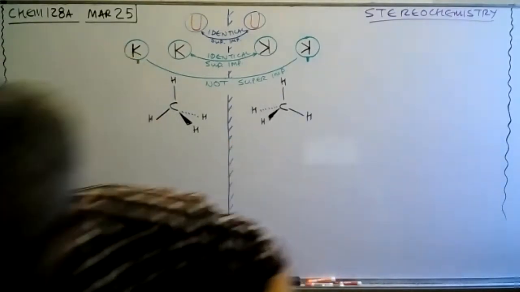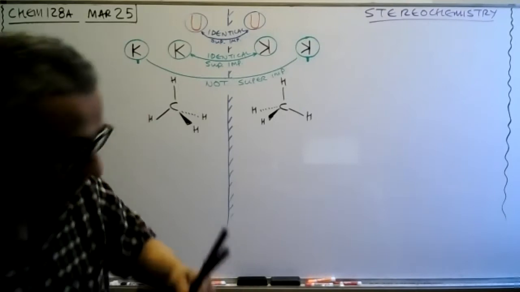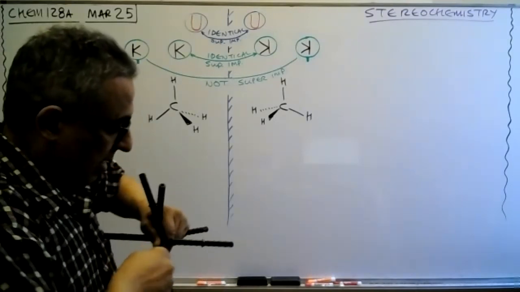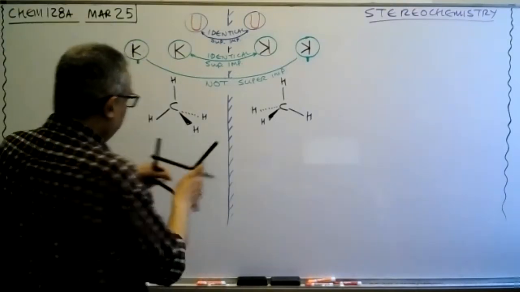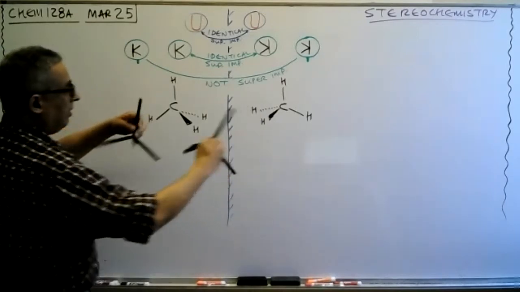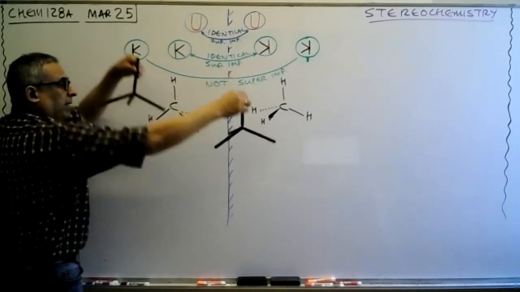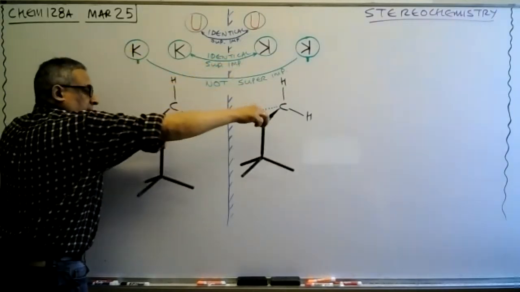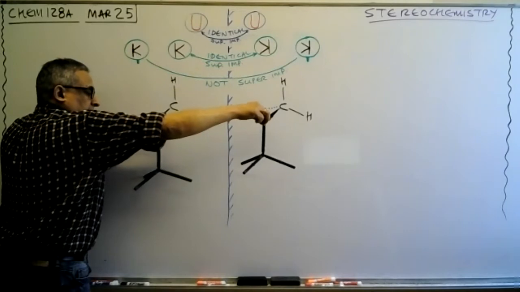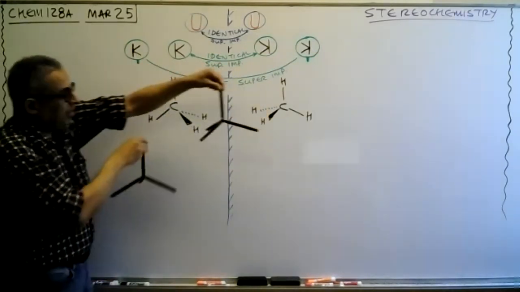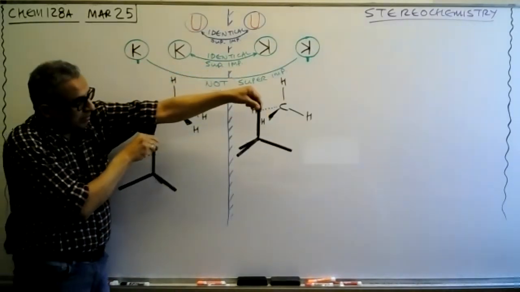This is bent. I want the bonds to be straight so that it doesn't cause any additional confusion. Mirror image, right? Left is the molecule and right is the mirror image, right?